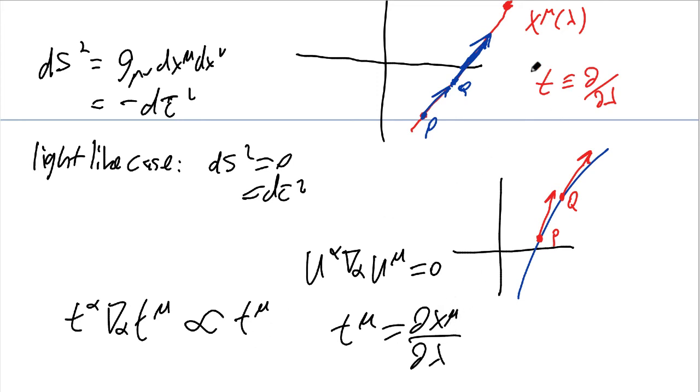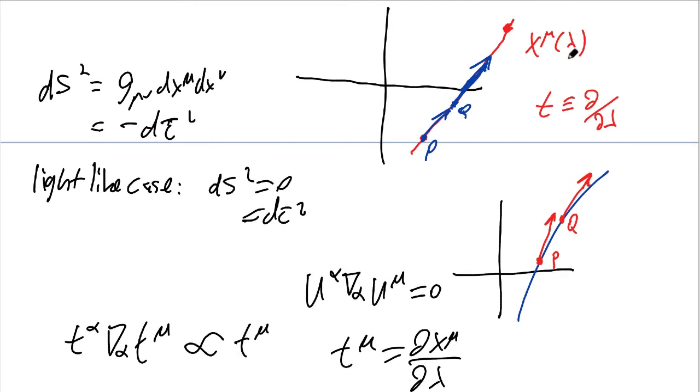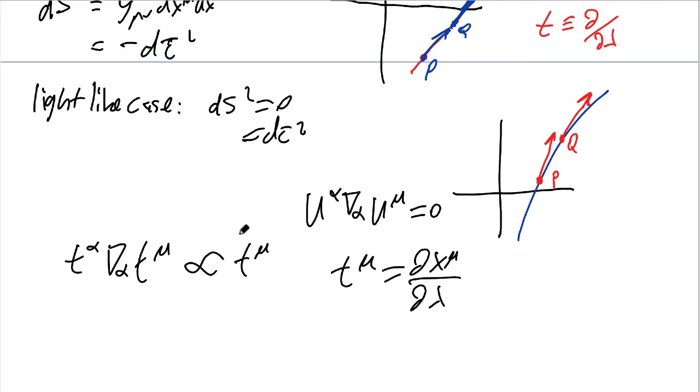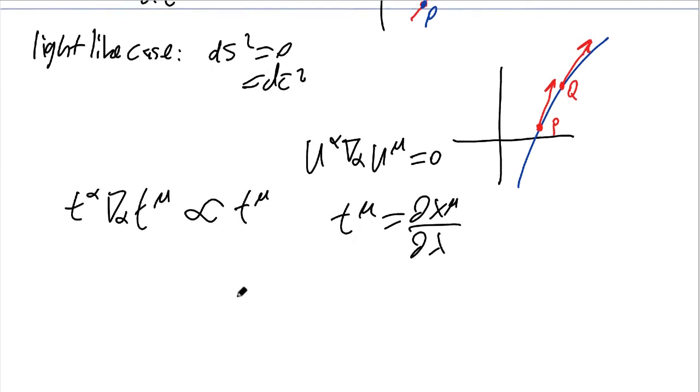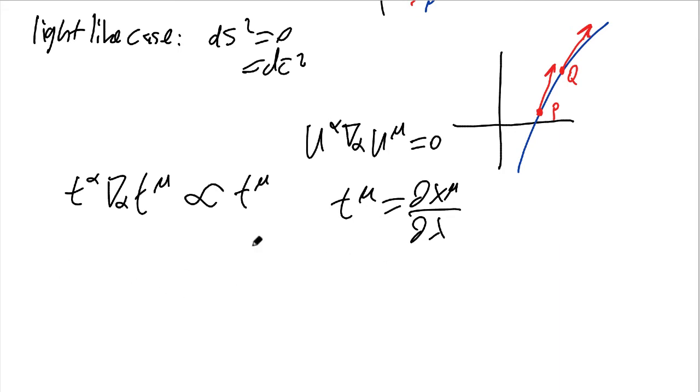You can imagine, though, that if we had just the right parameter, we could arrange those tick marks to be just the right distance apart so that when we parallel transport this vector from Q back to P, it would coincide exactly, not just to within an overall multiplicative factor. So it turns out that for the right choice of parameter lambda, you can arrange for this proportionality to be 0. Such a parameter lambda is called an affine parameter.